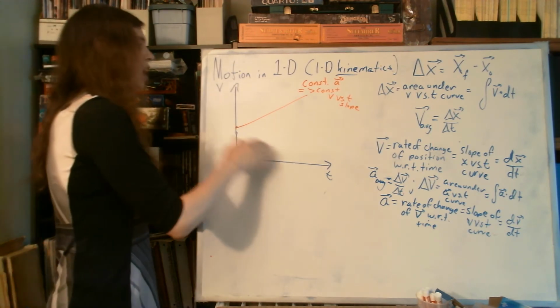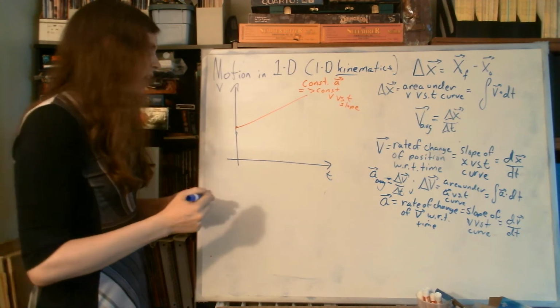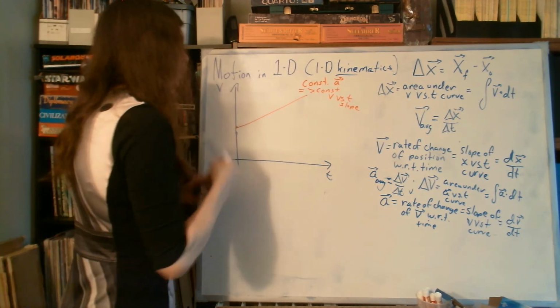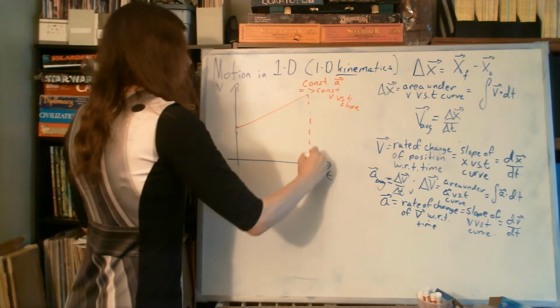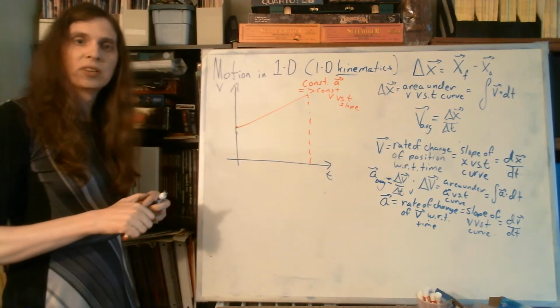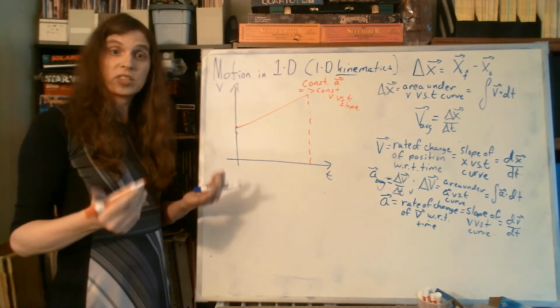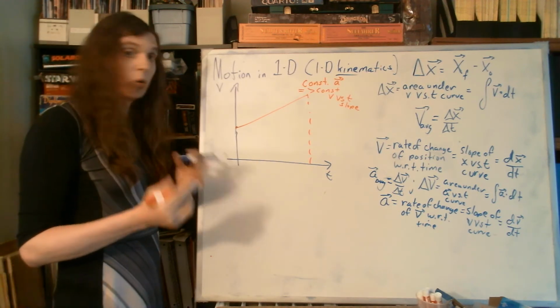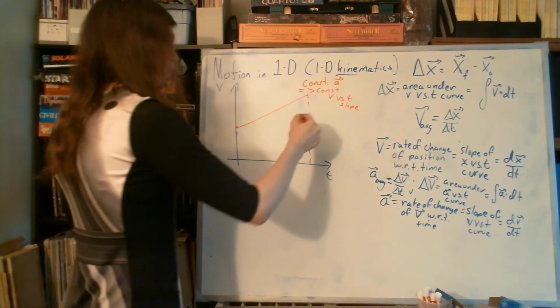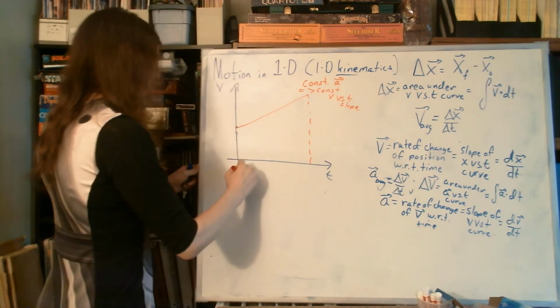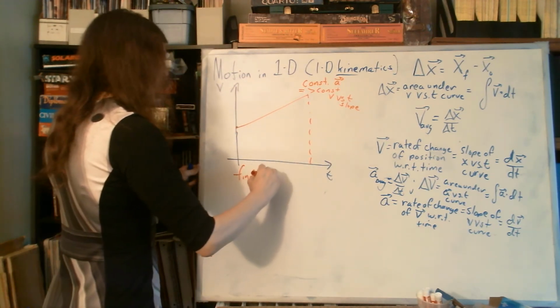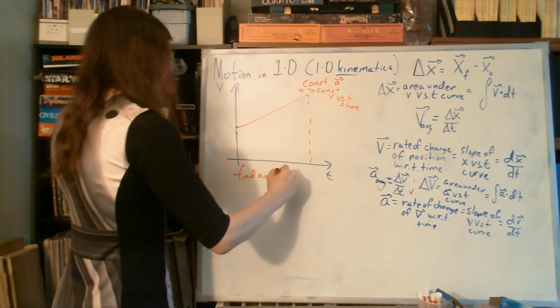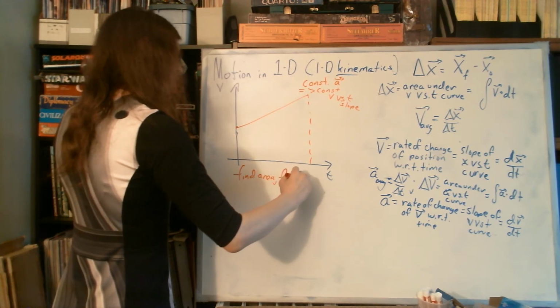And here we have our velocity versus time graph, and we know that the area underneath this is going to be the same as the distance traveled. So if we find the area, we have to find the displacement.